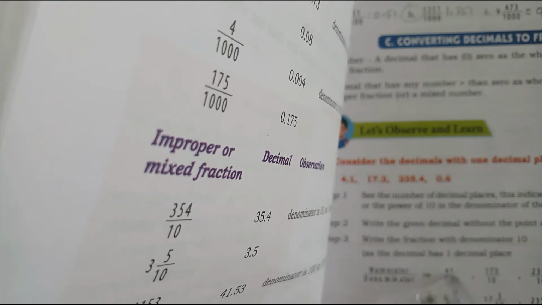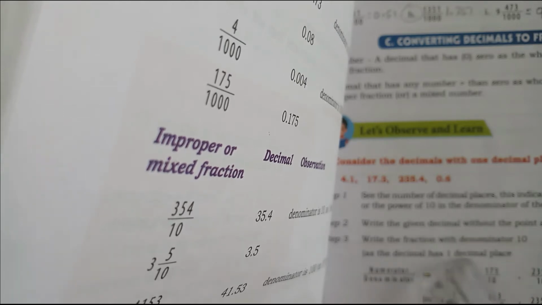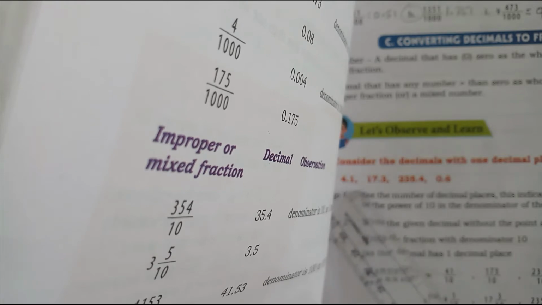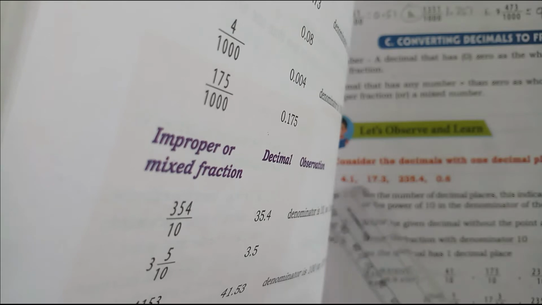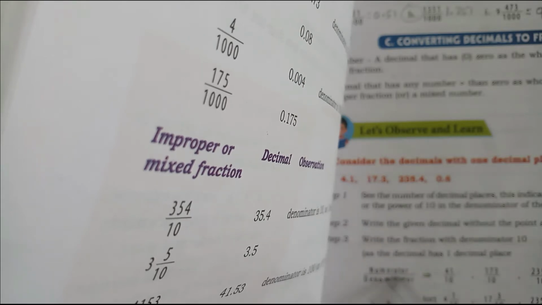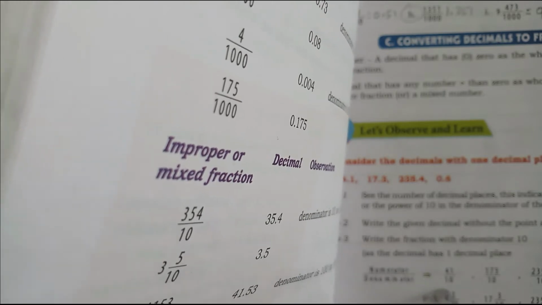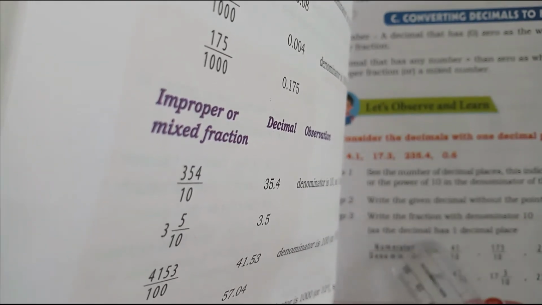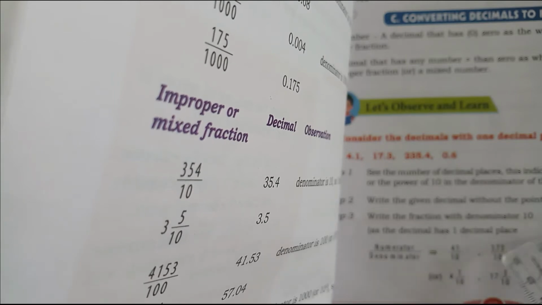So numerator is 41, and for the denominator, this 1 after the decimal is in which position? Tenths place, right? So we are writing 10 as the denominator. So write the fraction with the denominator 10 as the decimal has one decimal place.